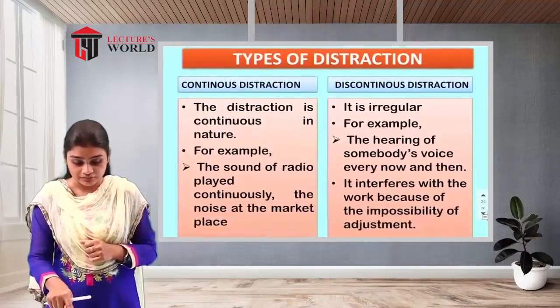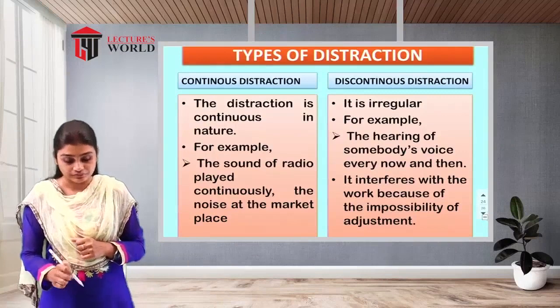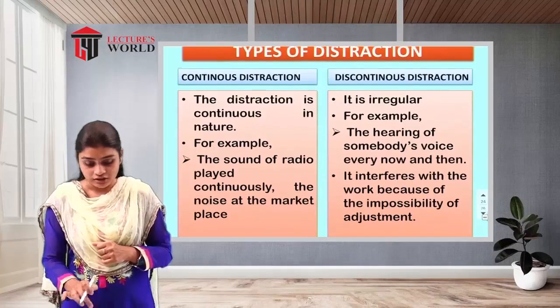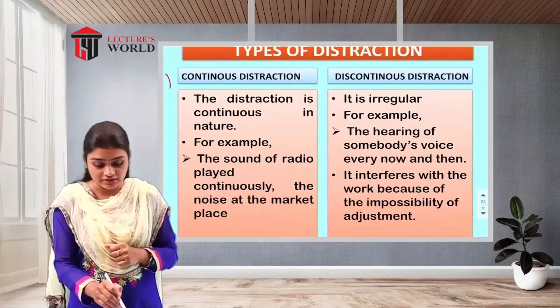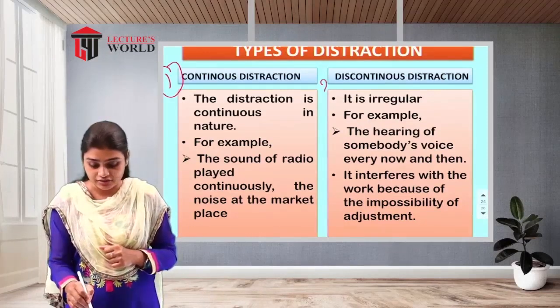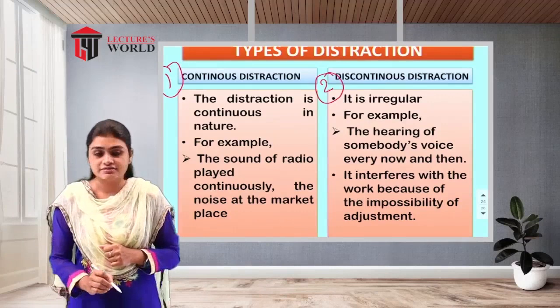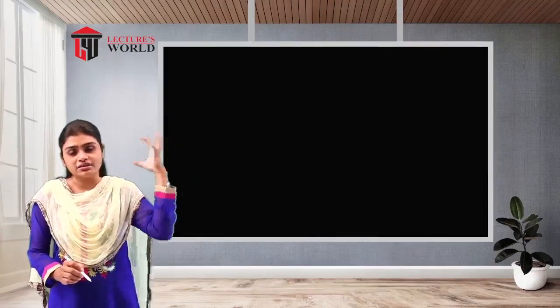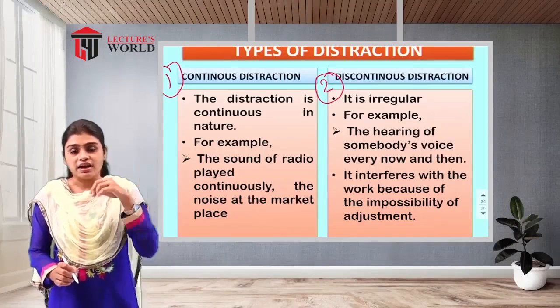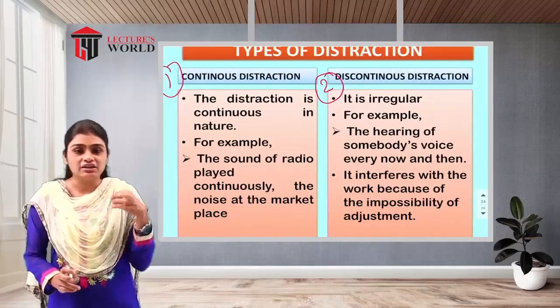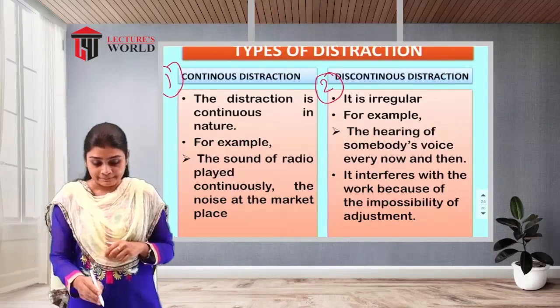Then we have the types of distraction. In distraction, we have two types: continuous distraction and discontinuous distraction. Continuous distraction means, for example, there is continuously music in the area where I am reading. So that is my continuous distraction.